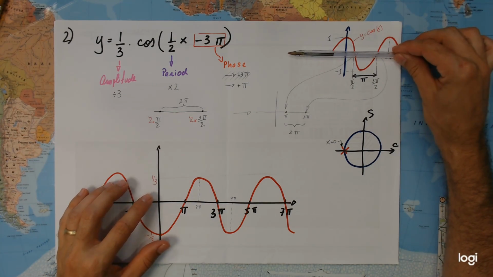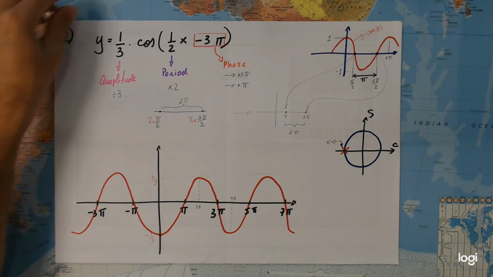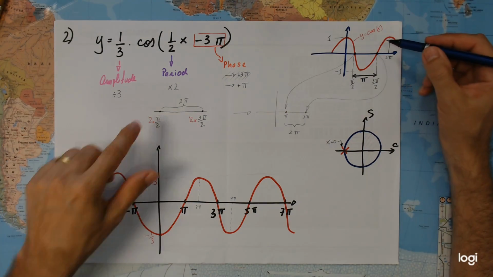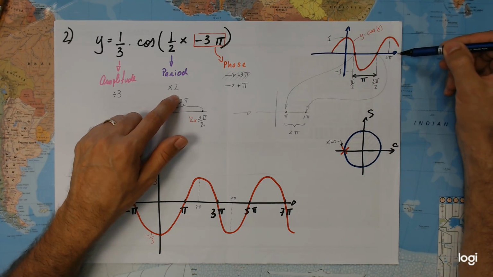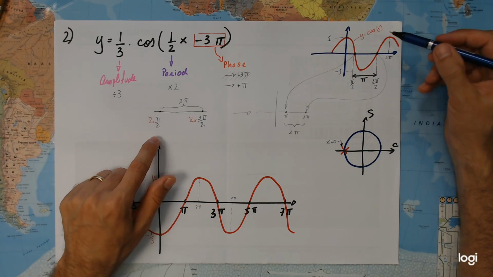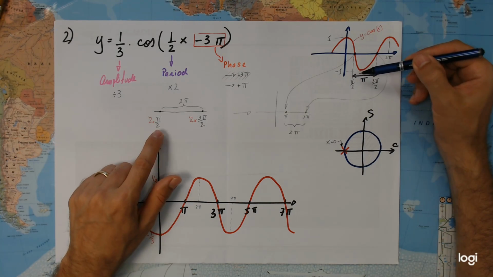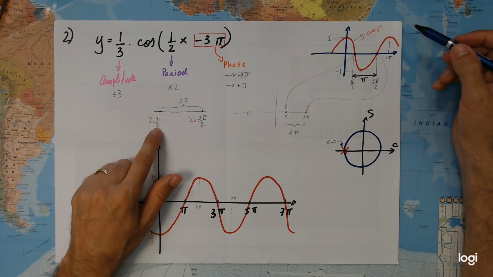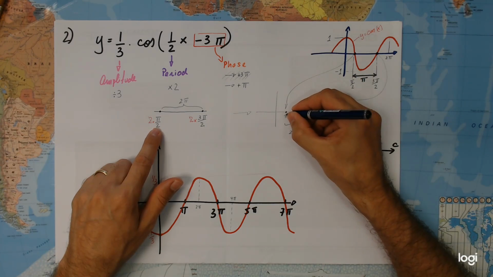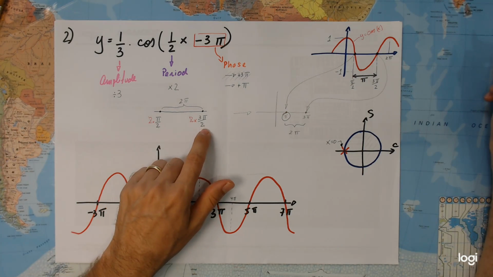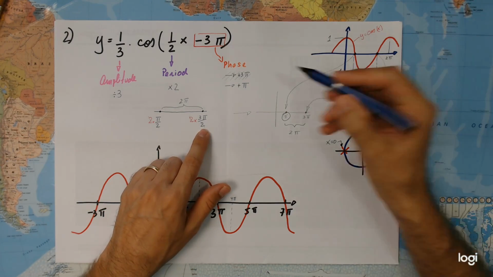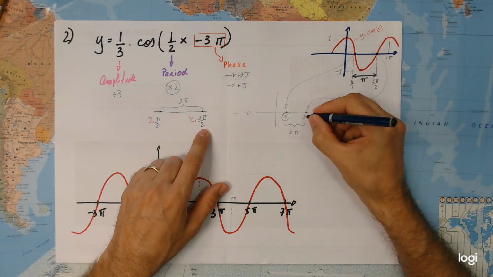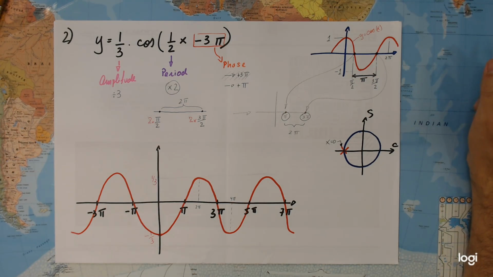This axis in here is being multiplied by 2, all of it. Therefore, this is not going to be pi over 2, it is going to be twice that. That's why I just put pi. This is not going to be 3 pi over 2 anymore. It used to be, but now it is double, okay? Now it's going to be 3 pi.